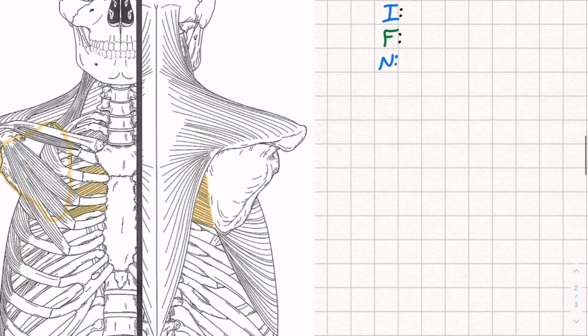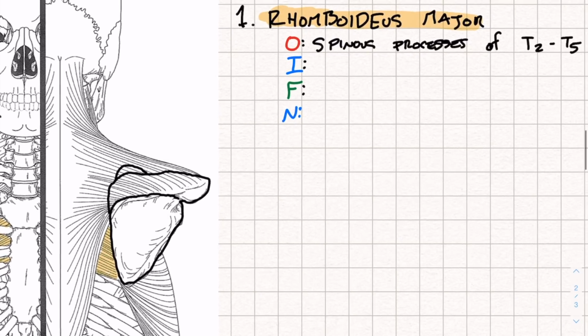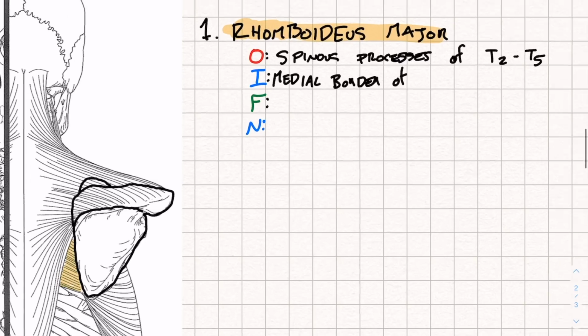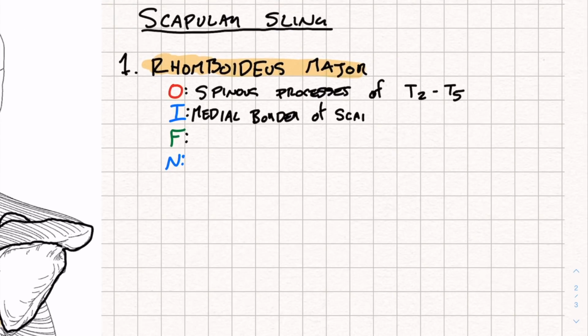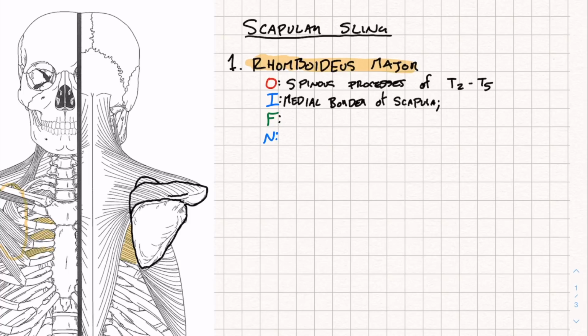This inserts onto the scapula. So if we just imagine where that scapula is, it's going to be kind of like that superior angle here. This is inserting onto the medial border of that scapula, but it's below the level of that spine of the scapula.